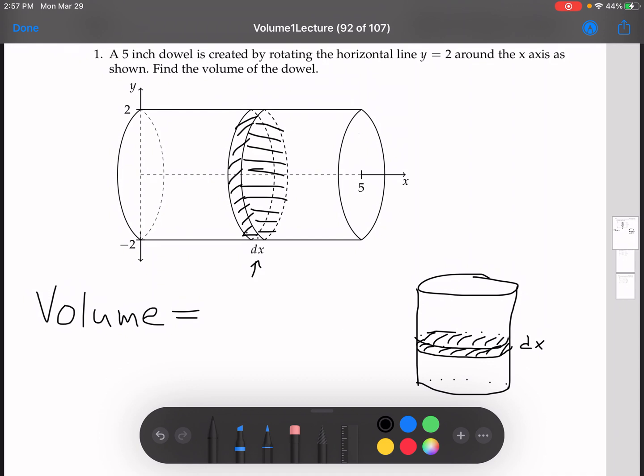Its width is dx. So the volume is the area, pi r squared, times the height, adding up all these infinitely many coins with really small width dx. Now we can do this exact same thing with the integral.